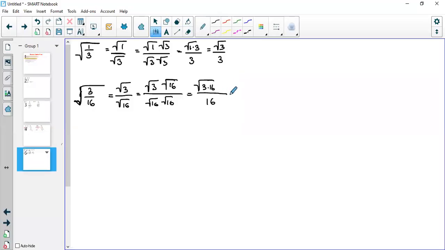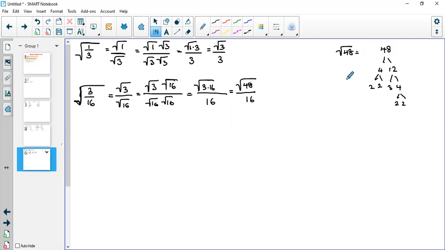So this could be written as the square root of 48 divided by 16. Now we are going to find the square root of 48. So to find the square root of 48, we need to do the prime factorization for 48. So if you do the prime factorization for 48, you would end up with 4 and 12, and then 2, 2, 3, 4 and then 2, 2.